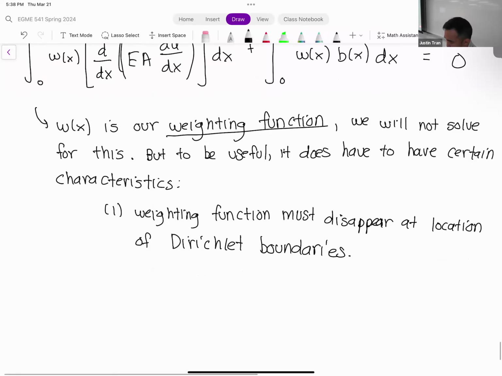Basically, whenever we have a Dirichlet boundary condition, where we're directly specifying the value of u, then w of x must be 0 at those locations.